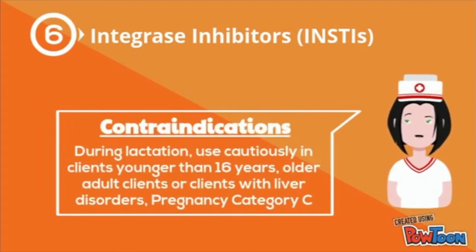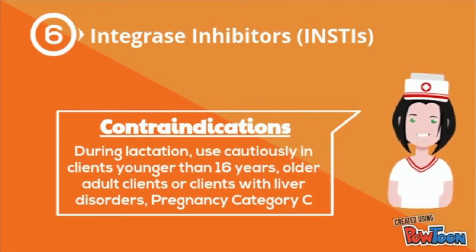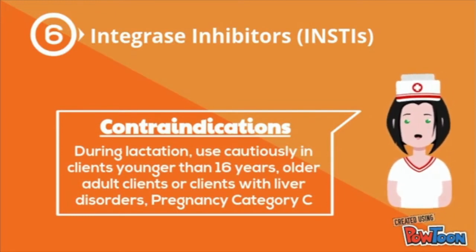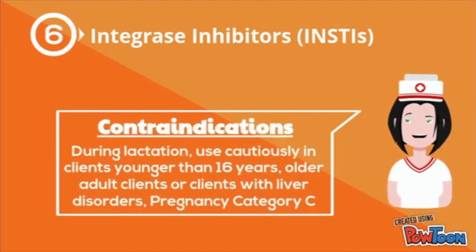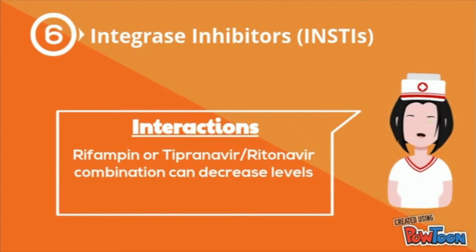It is contraindicated during lactation and needs to be used cautiously in clients younger than 16, older adult clients, or clients with liver disorders. It is pregnancy risk category C. Rifampin or tipranavir-ritonavir combination can decrease the levels of integrase inhibitors.